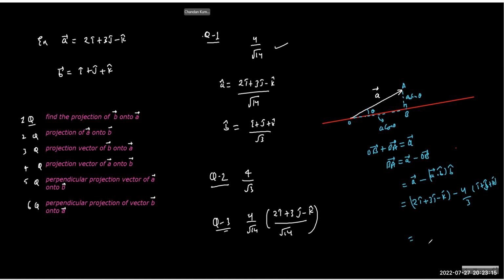So 3 to the 6 minus 4, 9 minus 4, minus 3 minus. This is the answer.